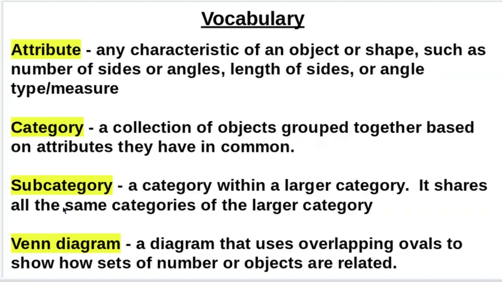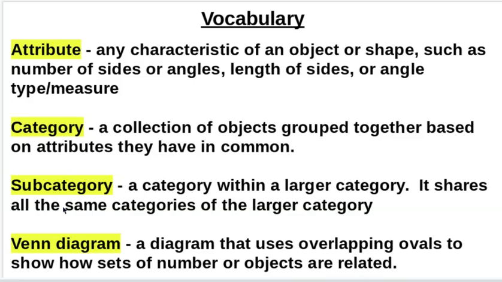Before we get started on page 587, I just want to review with you these key vocabulary terms. An attribute, remember, is a trait, and it's when we are looking at these characteristics such as the number of sides, how long the sides are, how many angles there are, what types of angles. So you're really looking at all of those key features of the shapes.